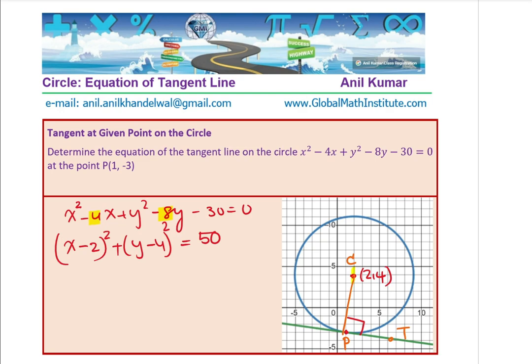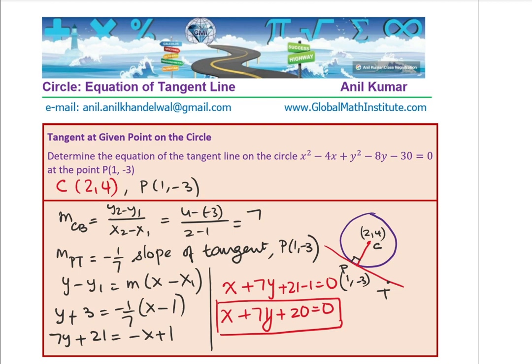So positive 7 becomes minus 1 over 7. So you could have also done y equals minus 1 over 7 x plus b, and found the value of b by substituting the point 1, minus 3. In any case, you'll get the same equation, which is x plus 7y plus 20 equals 0.